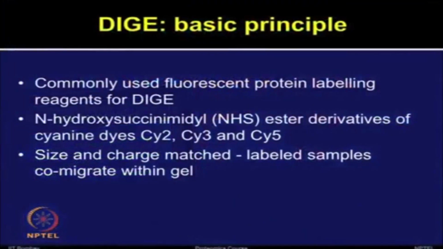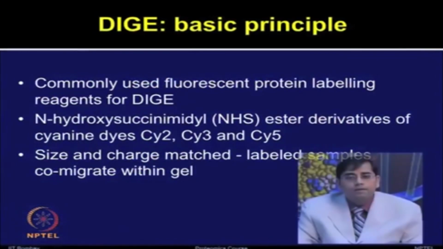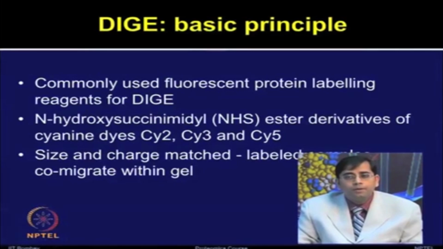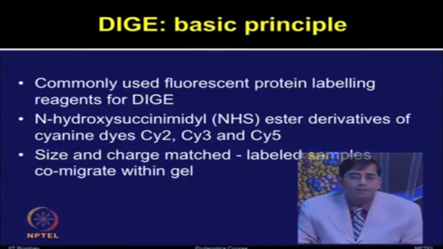As we discussed, this is the commonly used fluorescent protein labeling reagent for DIGE. The N-hydroxysuccinimide or NHS ester derivatives of cyanine dyes such as Cy2, Cy3 and Cy5 are used in this method. The Cy3 and Cy5 are used to label your control and your treatments.